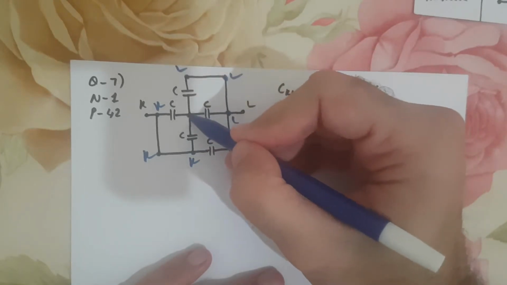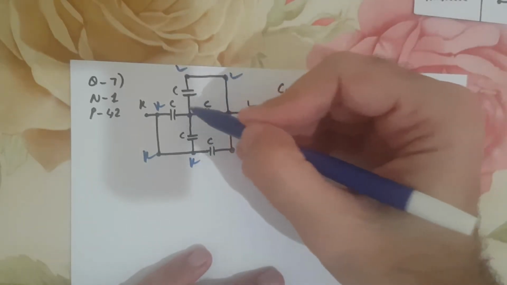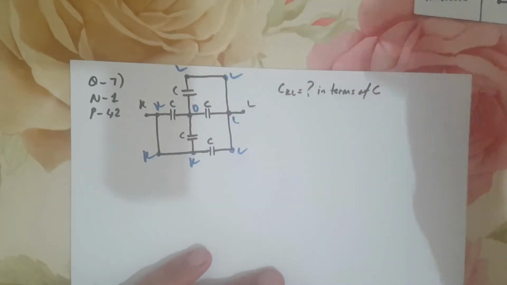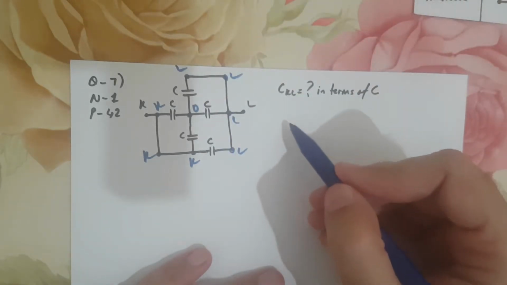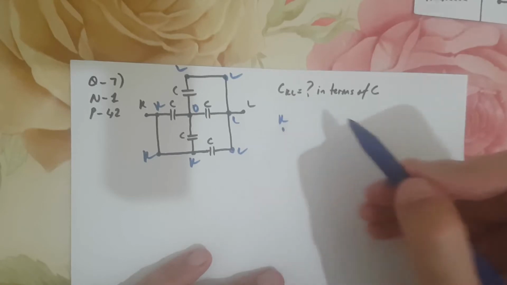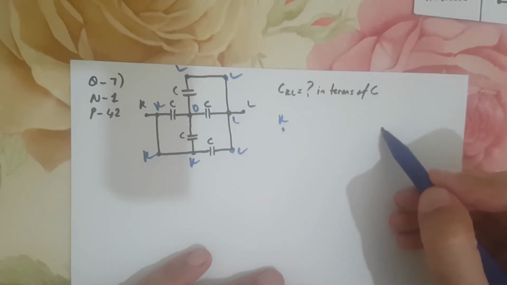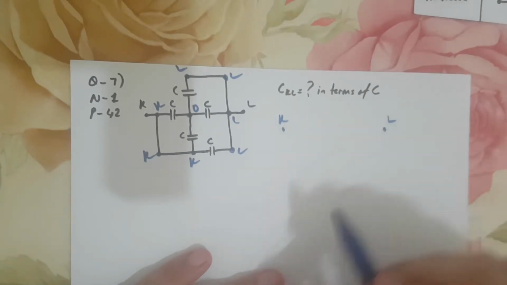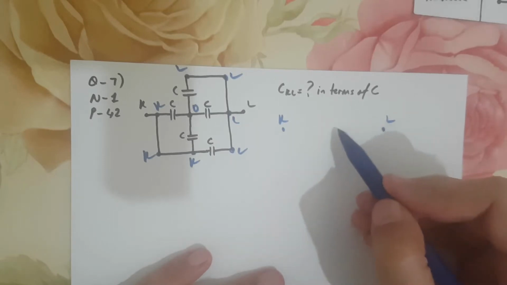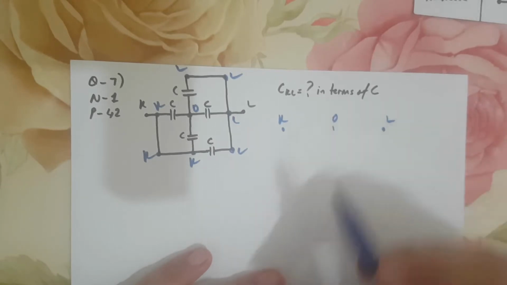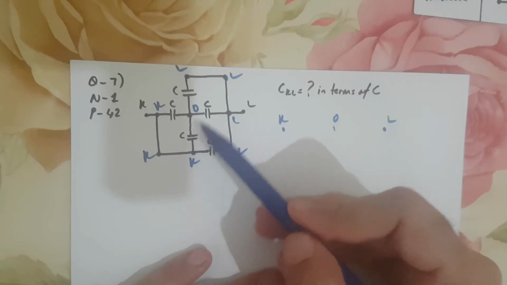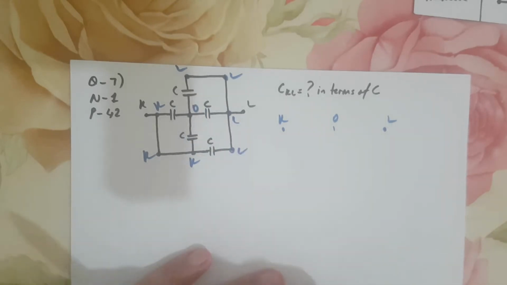We can say any point is different because there is something here, let's say O. So if we draw the graph on a line, it starts K and then ends L, and in the middle there is an O. So we have, don't forget, 1, 2, 3, 4, 5 capacitors.